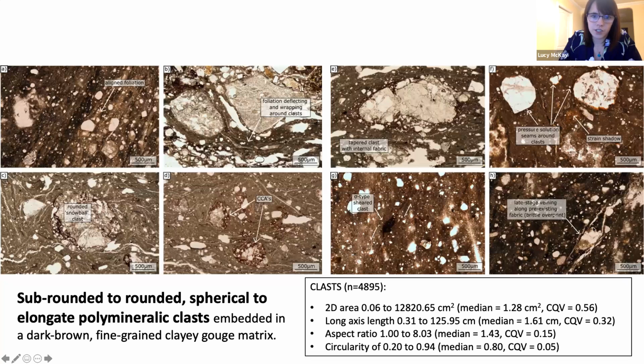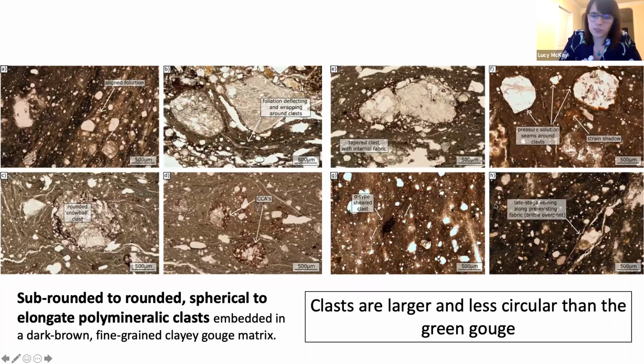Again, you can see the strain shadows in the wings on some clasts, suggestive of local shearing. And like the green gouge, I've presented my numbers for the analysis of the clasts, but all we need to know is that they're larger and less circular than the green gouge, which is closer to the main slip surface.